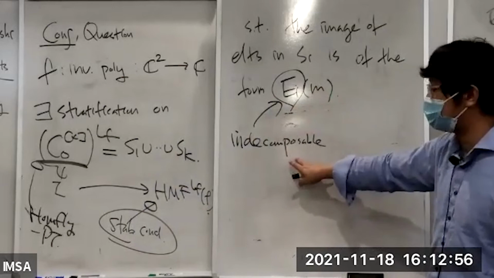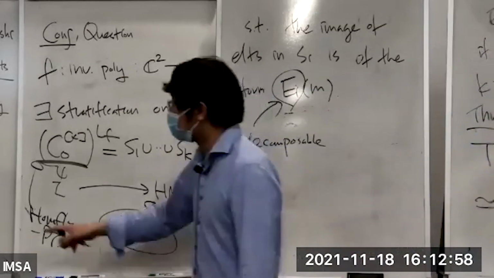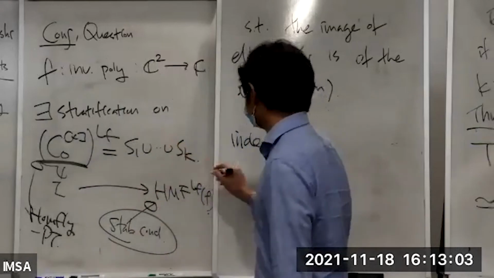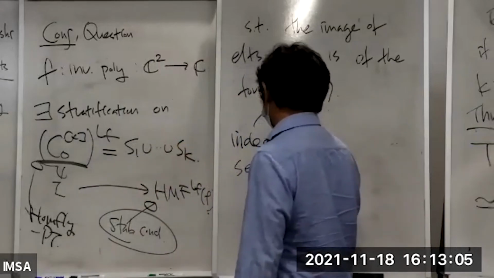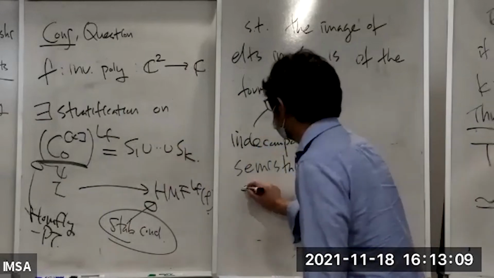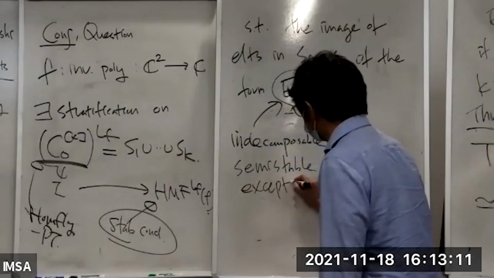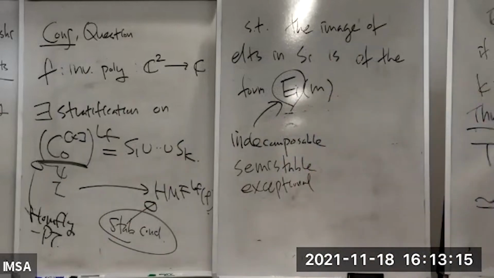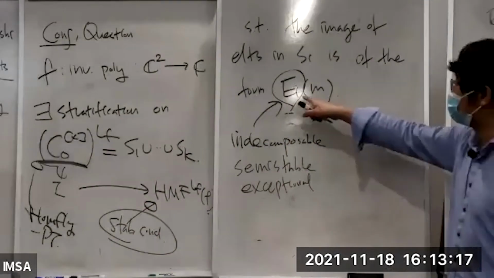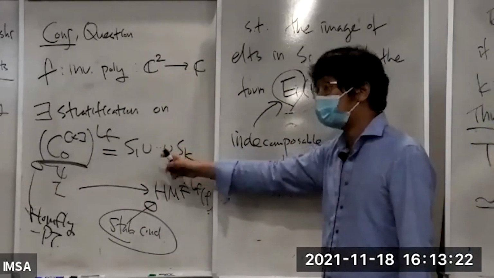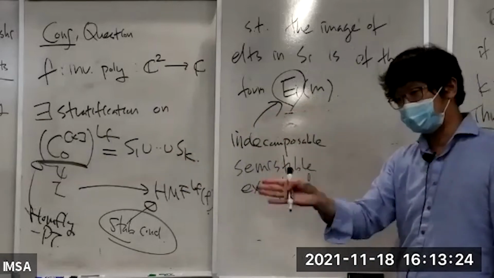For example, this might be indecomposable, or this is semi-stable with respect to this stability condition, or we can expect this is exceptional. So this 1 up to k, those are the different slopes. Each one goes to here, and then there is this grading shift.